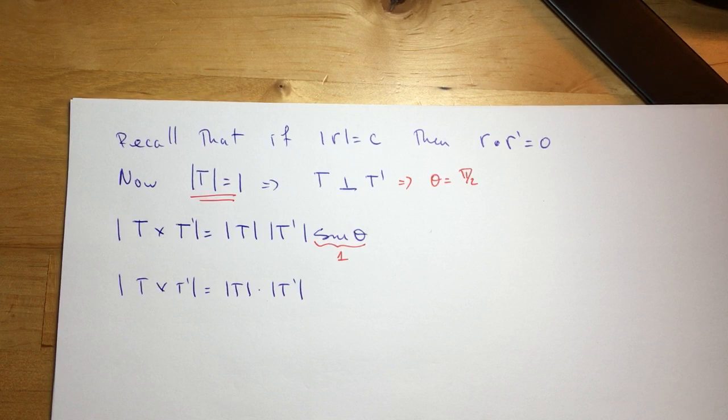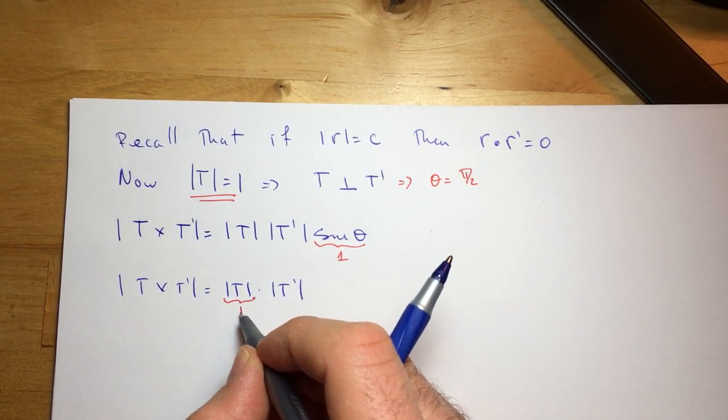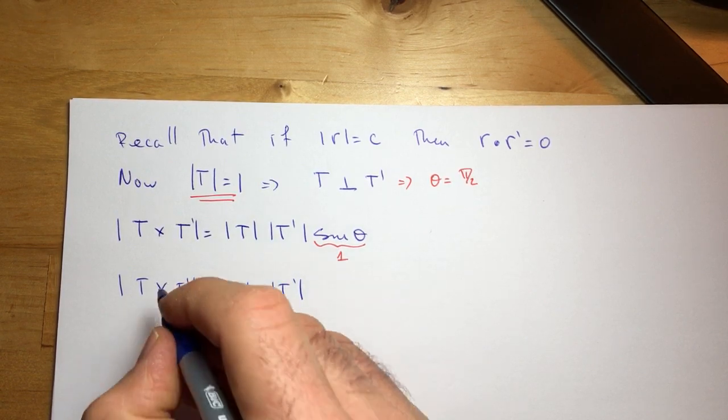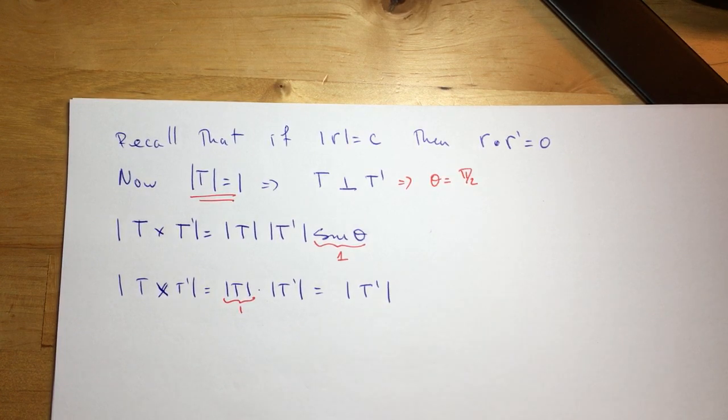But the unit tangent vector is called unit tangent vector because its magnitude is 1, so this part here is 1, and we get that T cross product T prime is just the magnitude of T prime.